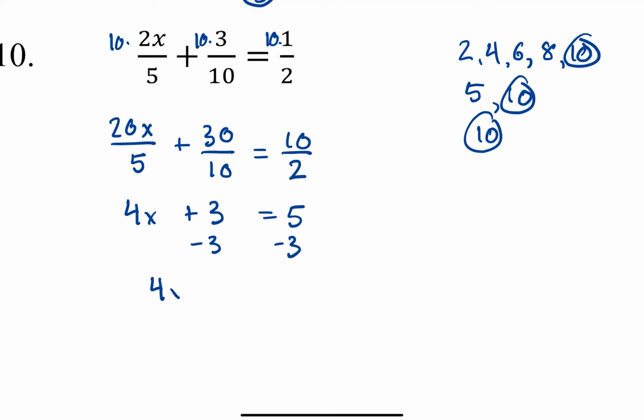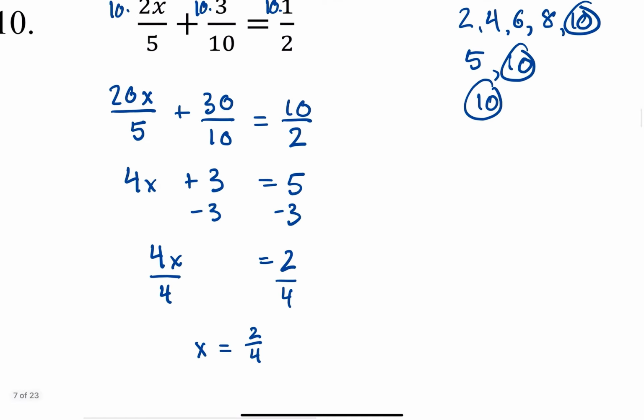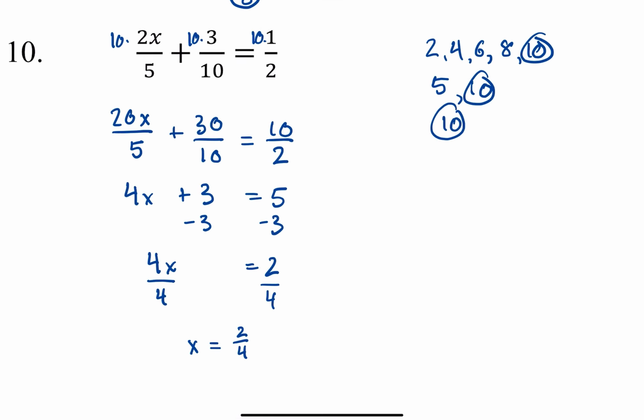You end up with 4x is equal to 2. And then you divide both sides by 4, and you have x is equal to 2/4. This is the first time we're encountering a fraction that could be further simplified. Both of these numbers could be divided by 2, so it's more commonly written that our solution is 1/2.